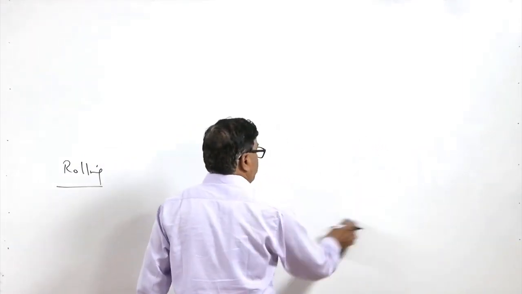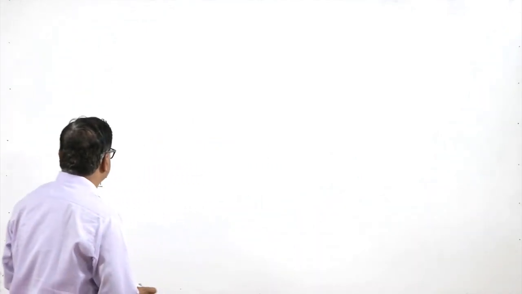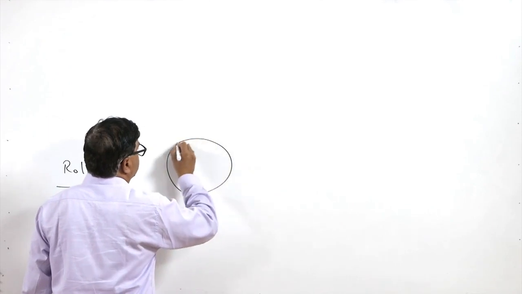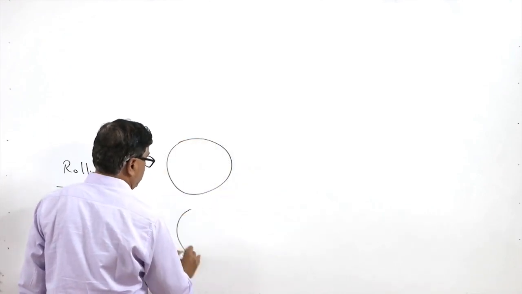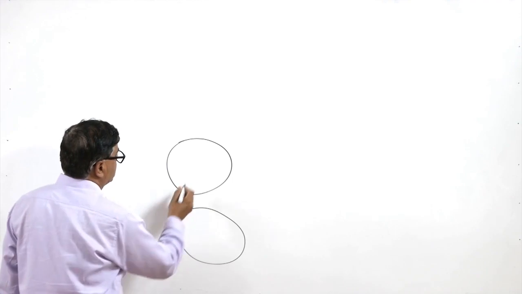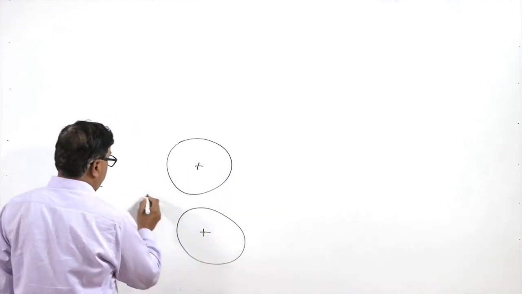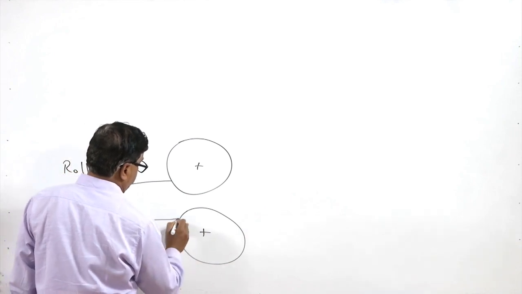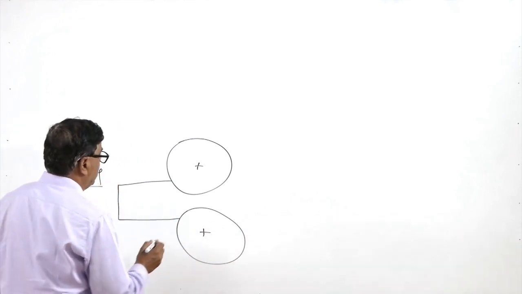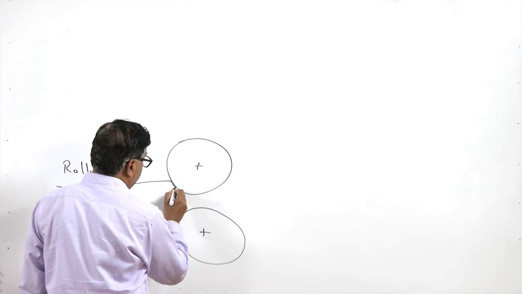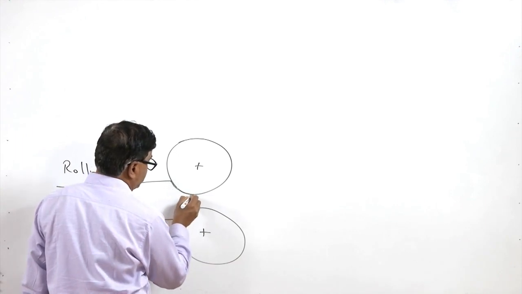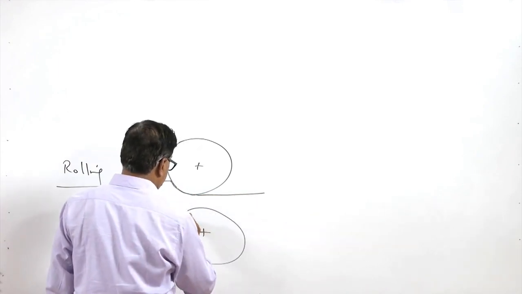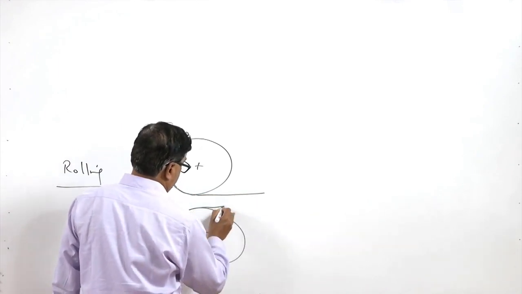For this purpose, basically rollers are used. We can see the rollers in this way. Say these are the two rollers and this is the plate which is being passed through the rollers, and here it will be reducing the cross sectional area gradually and then passing out in this manner.